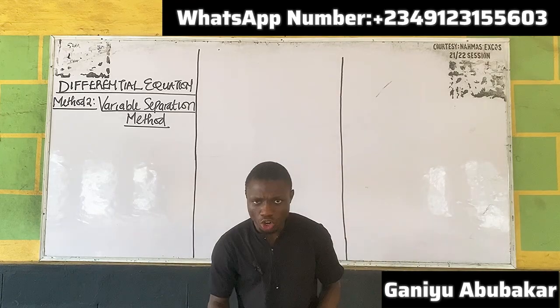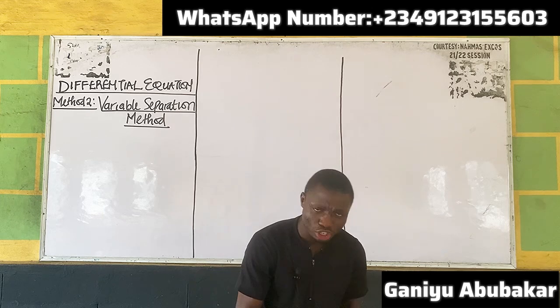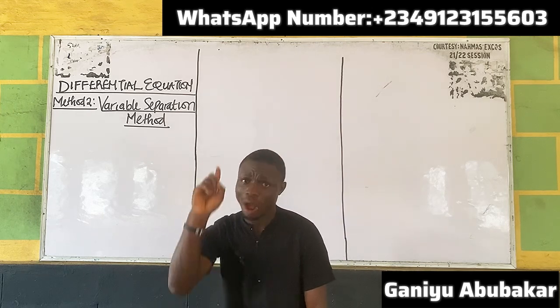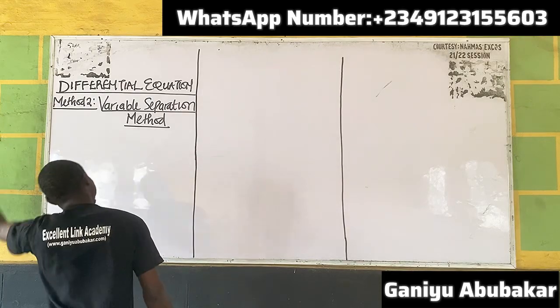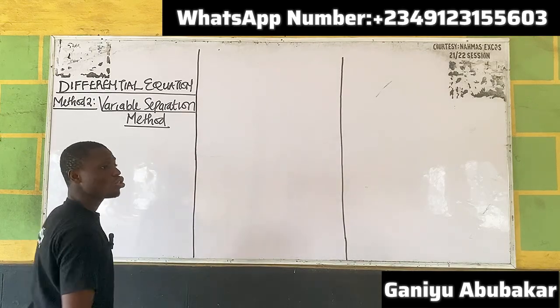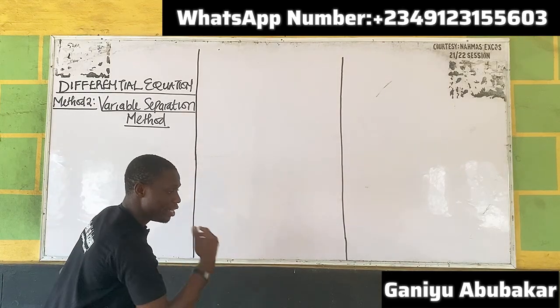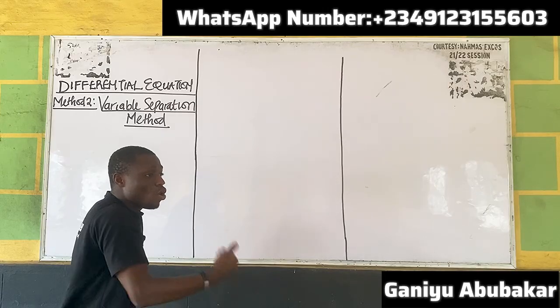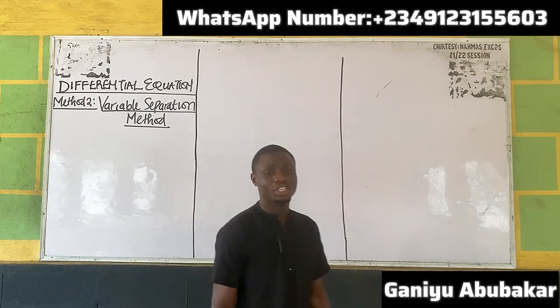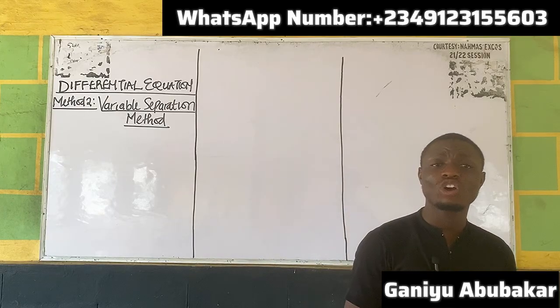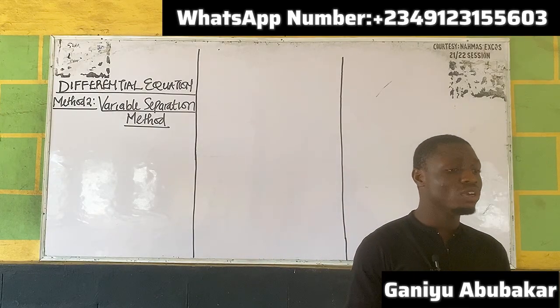For any question under variable separable, your first task is to move y and dy to the left hand side of the equation, and also move the terms having x and dx to the right hand side. This is how you solve problems under variable separable.